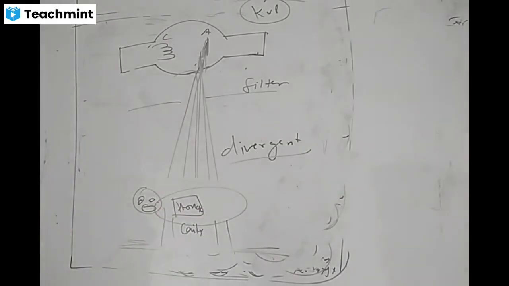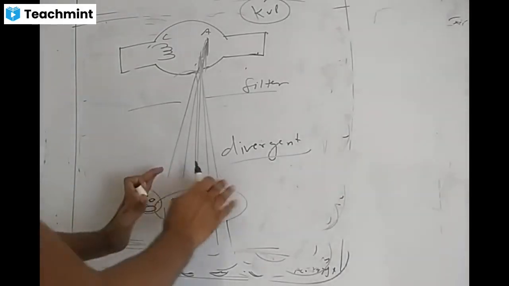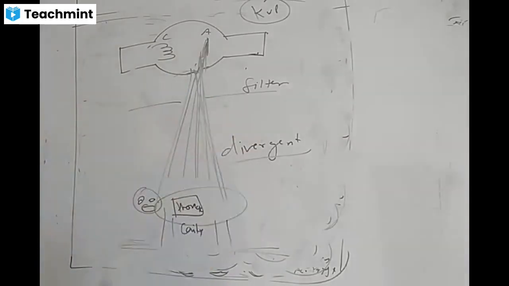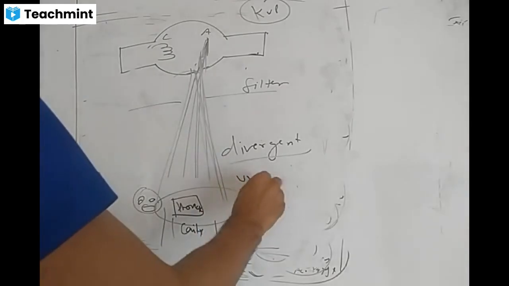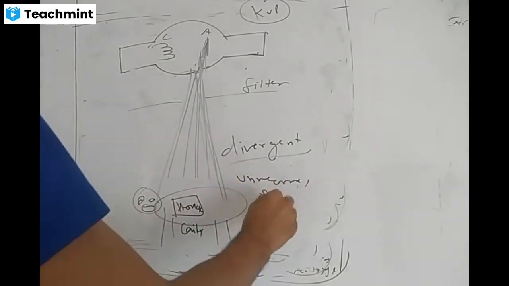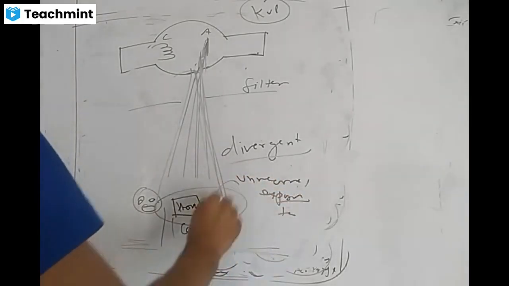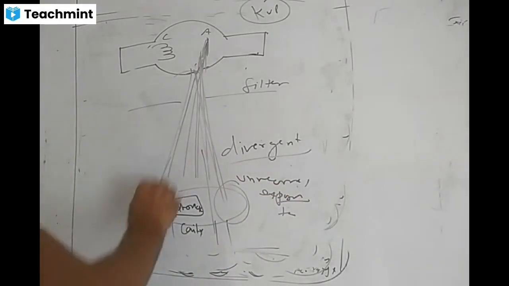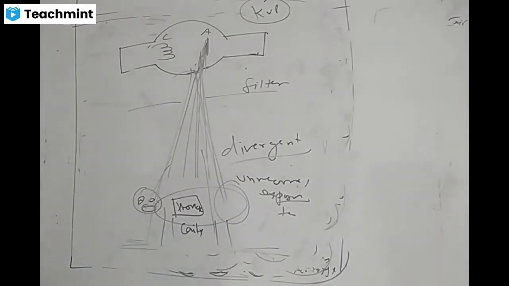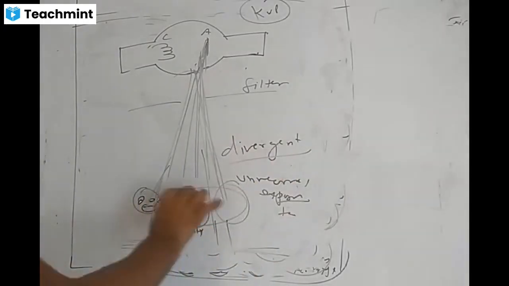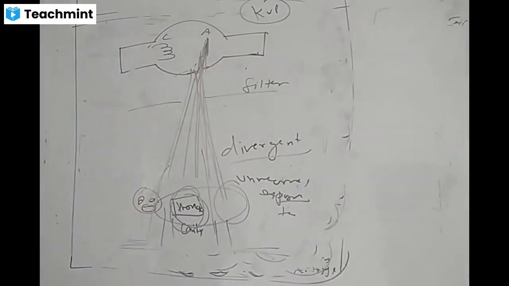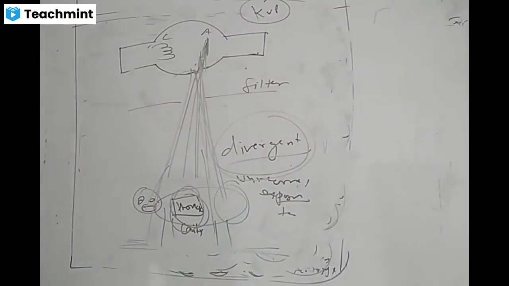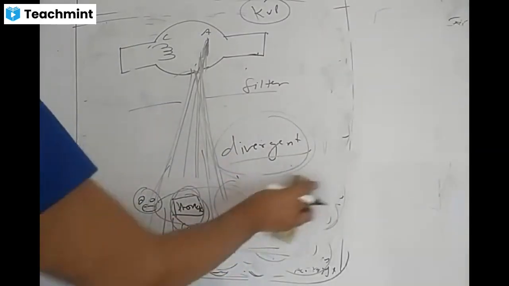If I want to take an X-ray of only the thoracic cavity, but the beam is divergent, this beam causes unnecessary exposure to the pelvic cavity, abdominal cavity, head and neck areas. But what we want is only the thoracic cavity to be examined and radiographed. But this is a divergent beam, giving unnecessary exposure to the animal.